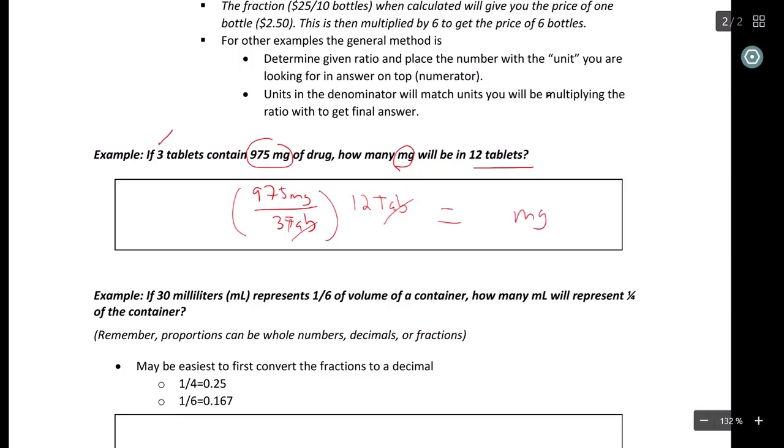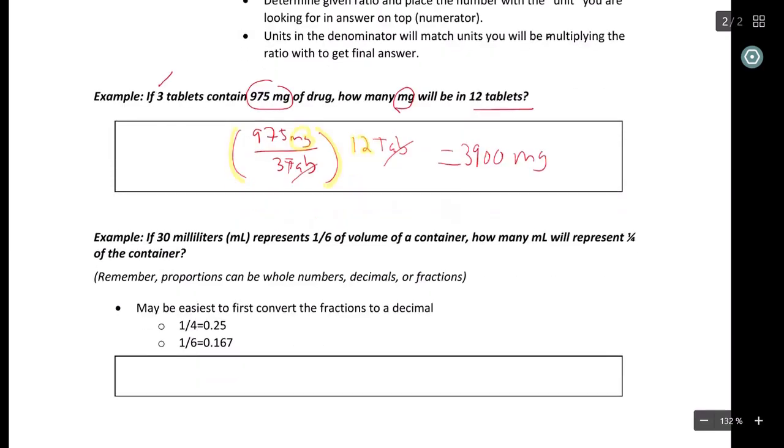And keep in mind again that this value here, when we take 975 and we divide by 3, that is telling me the amount of milligrams in one tablet, and then I'm multiplying that by the 12. So this answer, when we do it out, will be 3,900 milligrams.